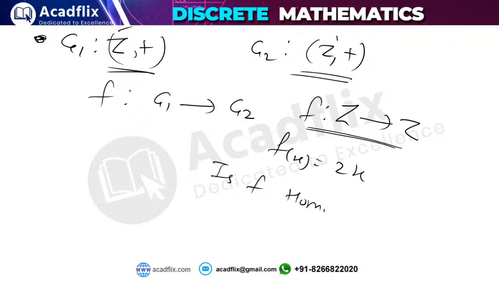My question is, is f a homomorphism? So how to check this question? Very easily you can check this question. Just use the definition of homomorphism. Let me write it again. If you have a homomorphism from a group G1 to G2, this f satisfies this property: f(a star b).